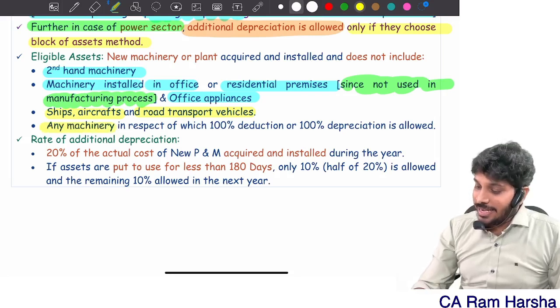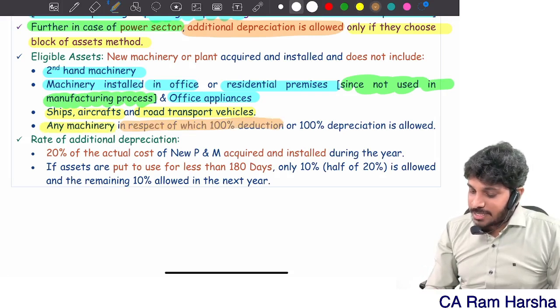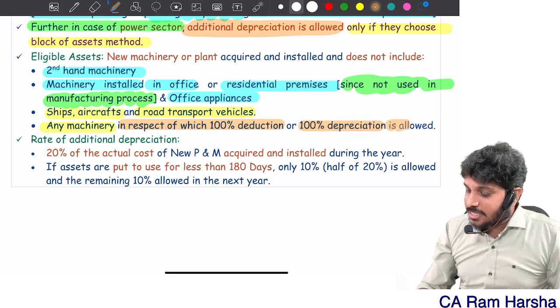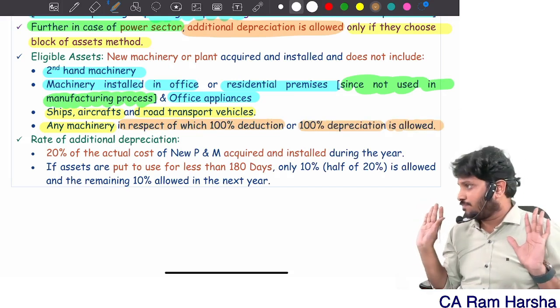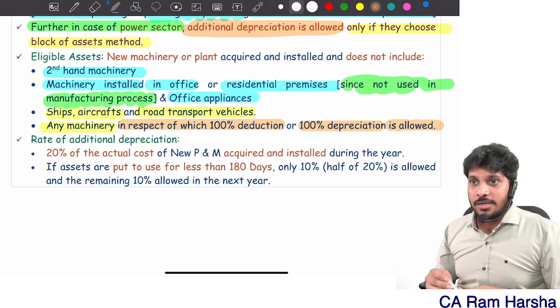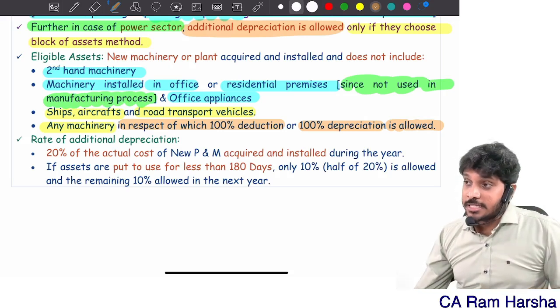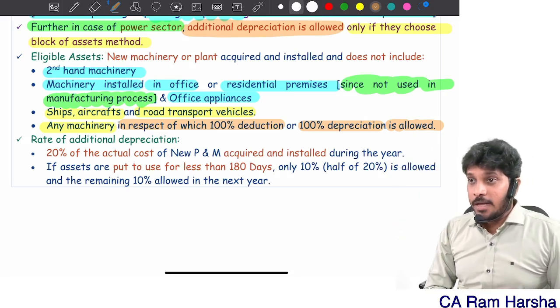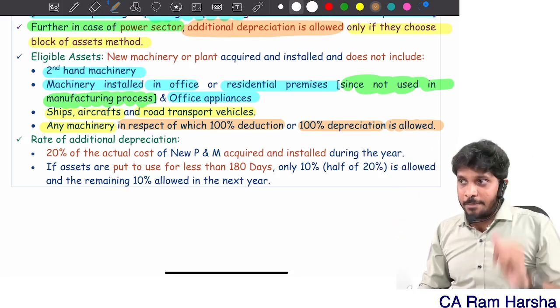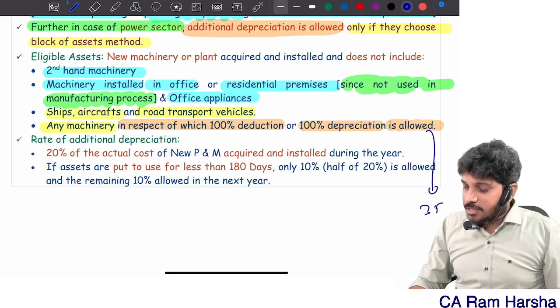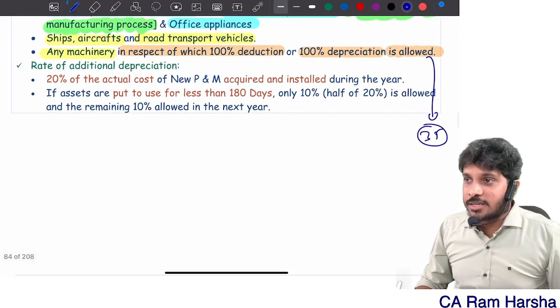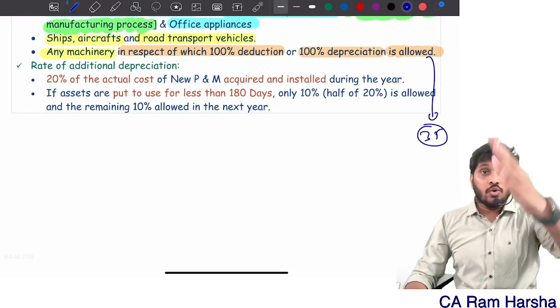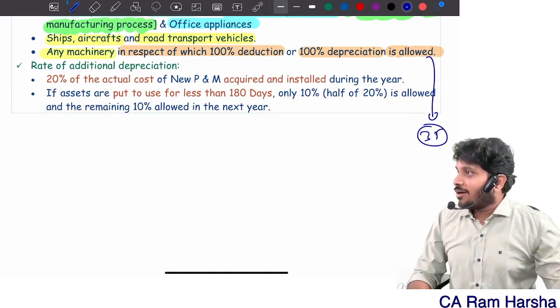Any machinery where 100% deduction or 100% depreciation is allowed under some provisions of the law is also excluded. Suppose you buy an asset for scientific research, R&D activity. If you buy any asset for research and development, that asset comes under Section 35. You can't claim depreciation on that. Why?